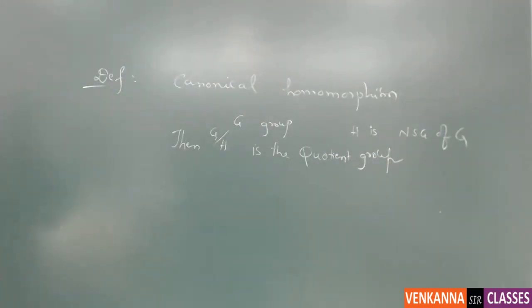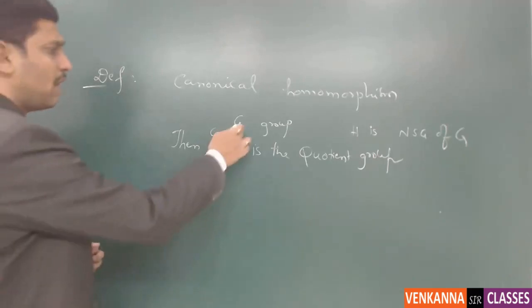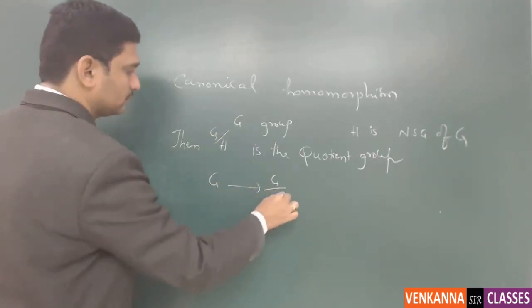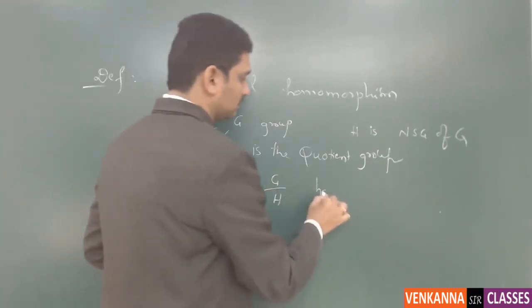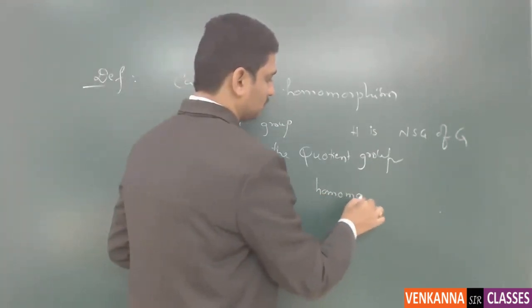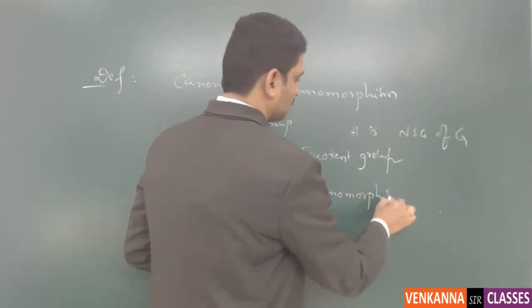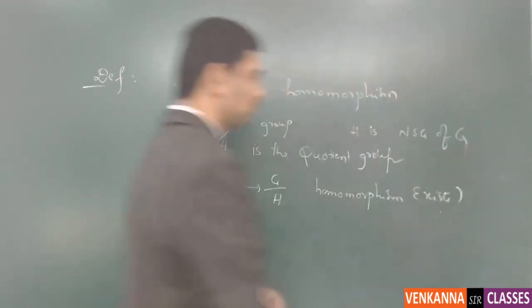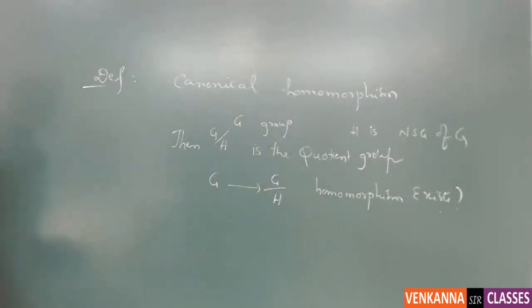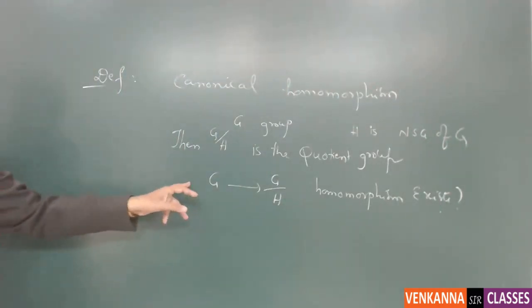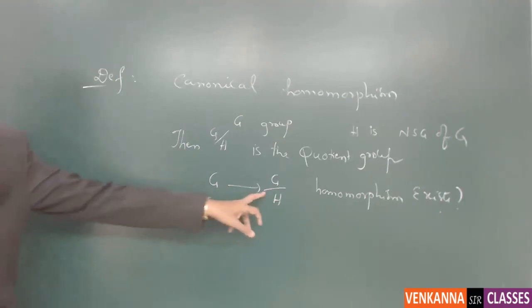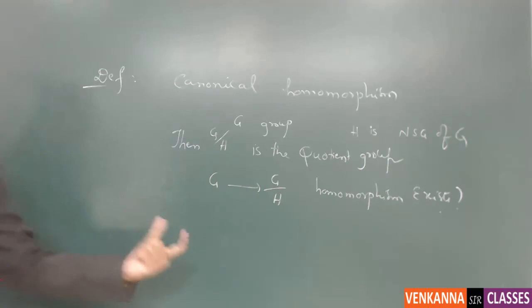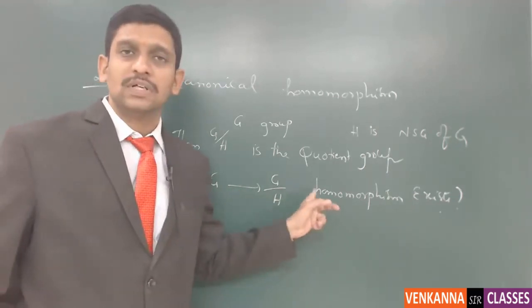Now, are they connected? The concept is, if we have taken the group G and the quotient group G by H, are you able to find a homomorphism between these two?